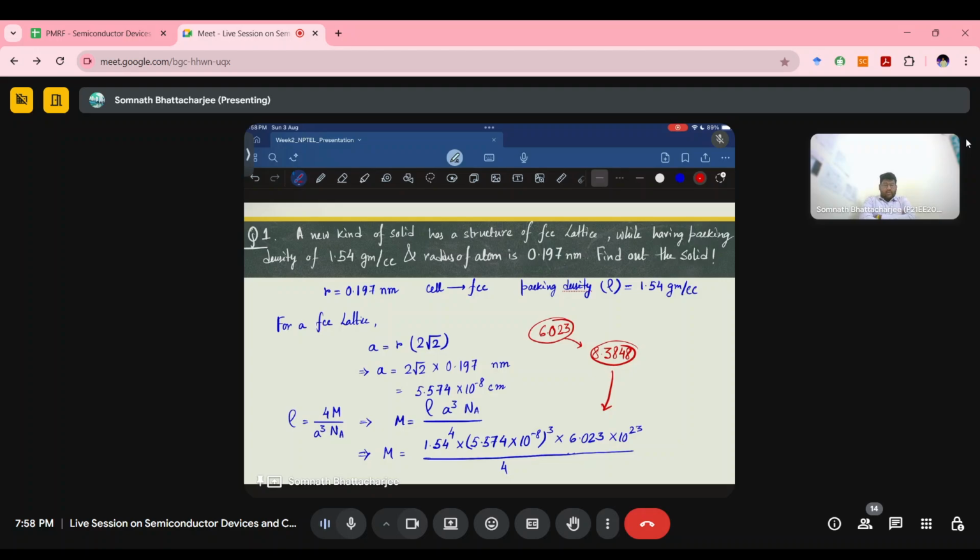And for the mass, try to use Google, find the nearby numbers. Sir, 55.9.